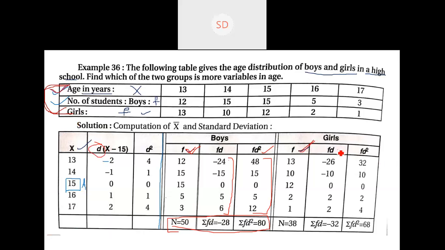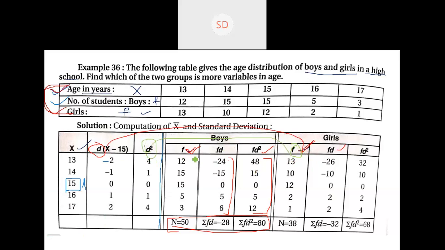Likewise, I consider all of this when I multiply these two columns. After this, I am supposed to multiply D square into frequency. So this column and this column will be multiplied, and I will get FD square.